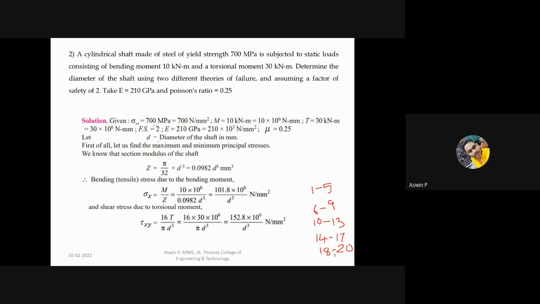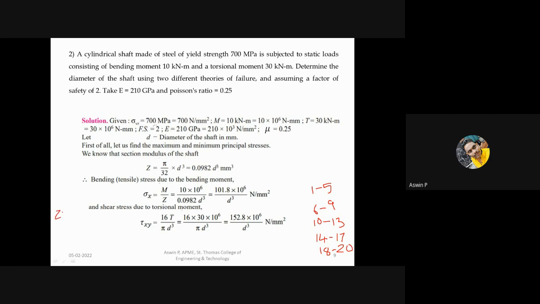For that, there is a basic concept: you need to find the tensile stress as well as the shear stress. For finding tensile or bending stress, we have the equation M by Z. This equation is known to us. In the previous module, we determined that Z is I by y, the section modulus.